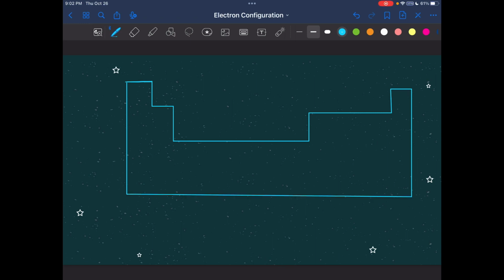First thing first in a periodic table. What I want you to sketch is the following. The first two columns and the top right corner, this section right here, is going to be called the S sublevel.